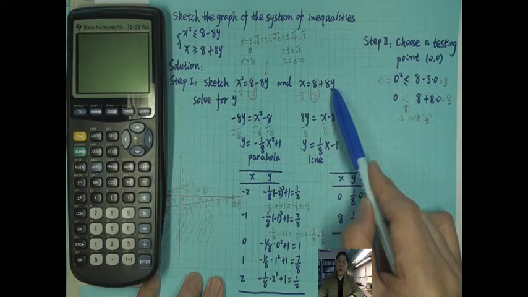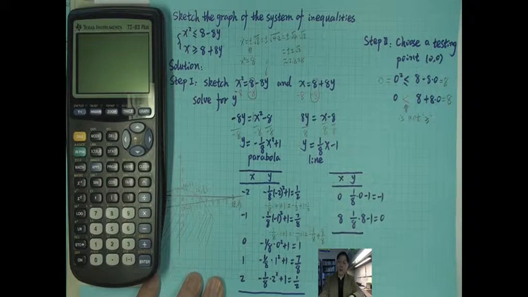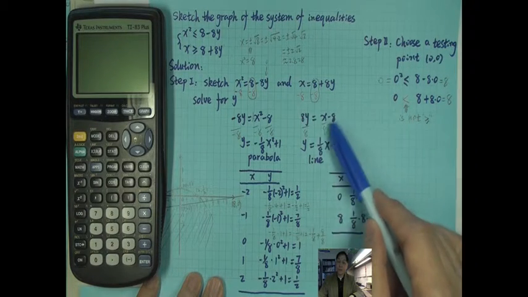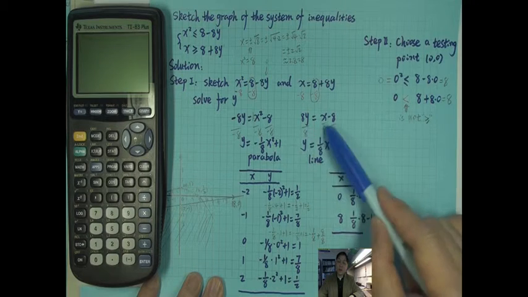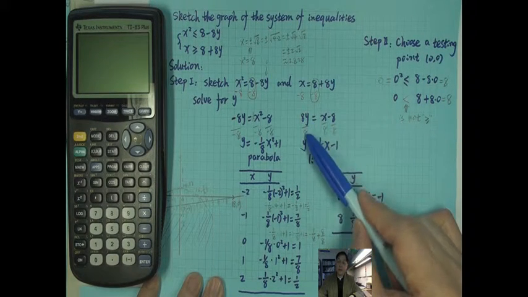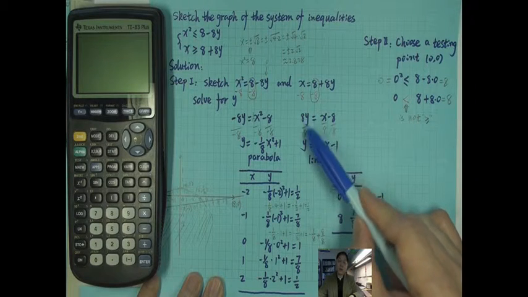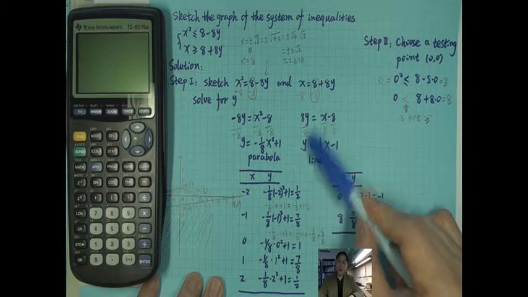So the left hand side is just 8y, and the right hand side is x minus 8. Then divide by 8 on both sides. 8 divided by 8 is just 1, so 1 times y is y.